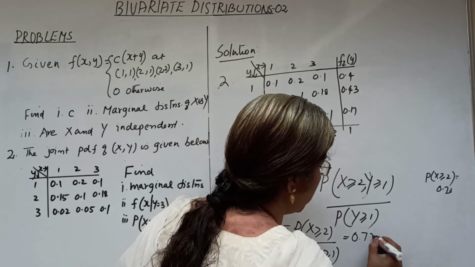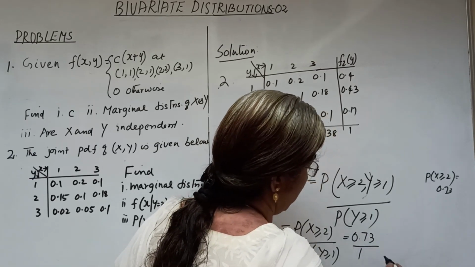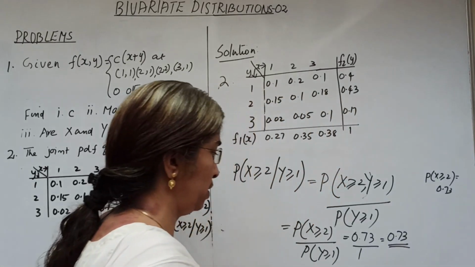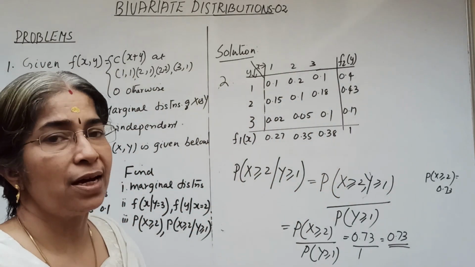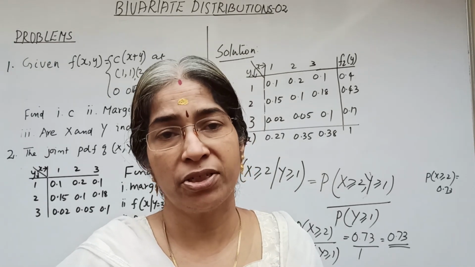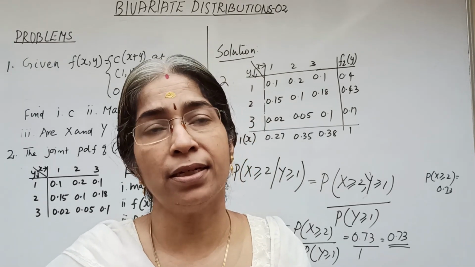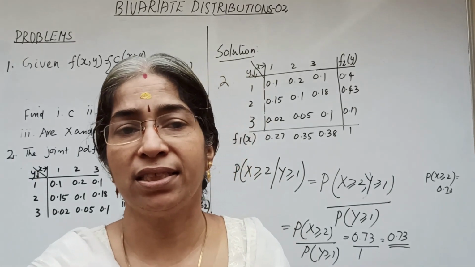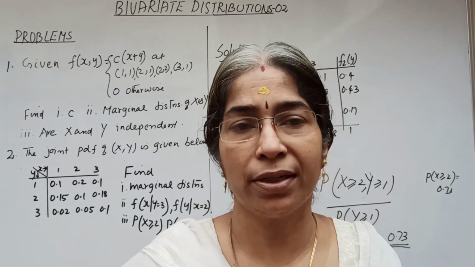Already we have obtained it as 0.73, divided by 1, so equal to 0.73. So in these problems I have discussed the marginal distributions of x and y, and the conditional distributions, to check whether x and y are independent. Okay, thank you.